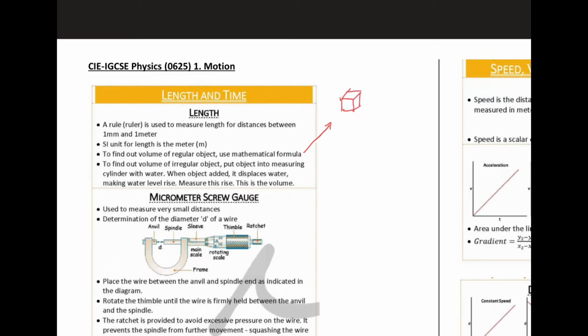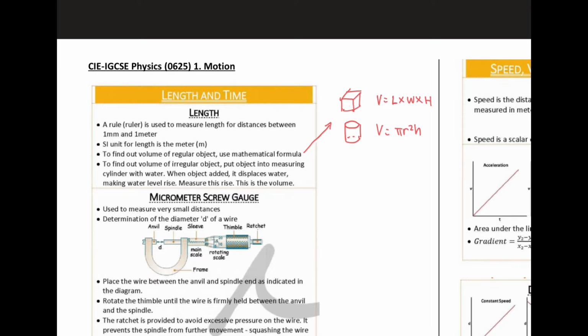If you want to find the volume, you just use a mathematical formula, length times width times height, and then you can get the volume. If you have a cylinder, we also use a mathematical formula. Volume is pi r square h. So you have to use a mathematical formula for a regular object.